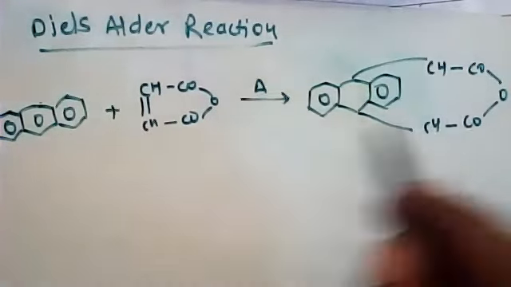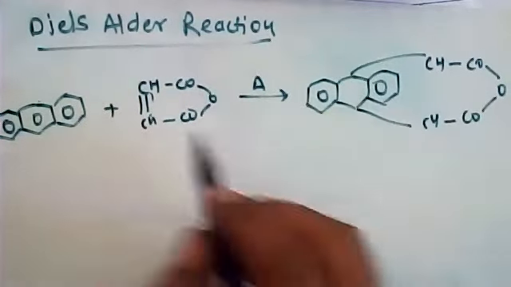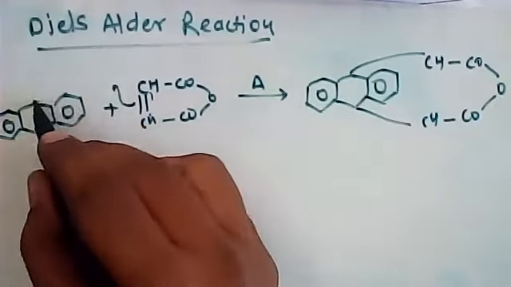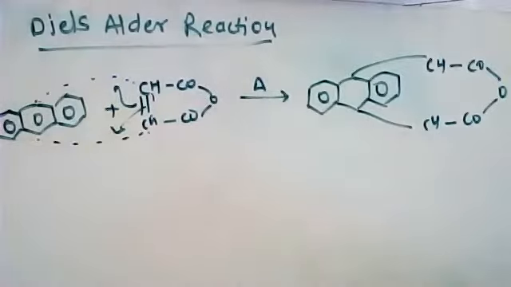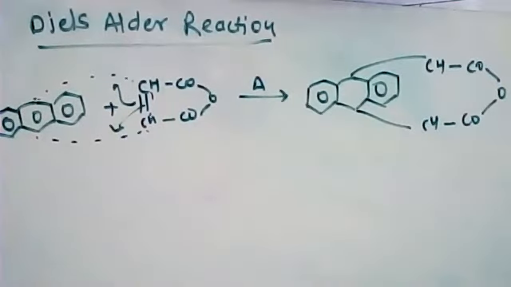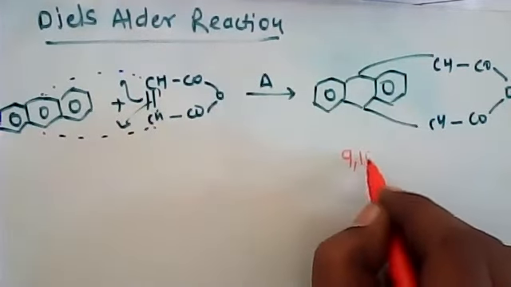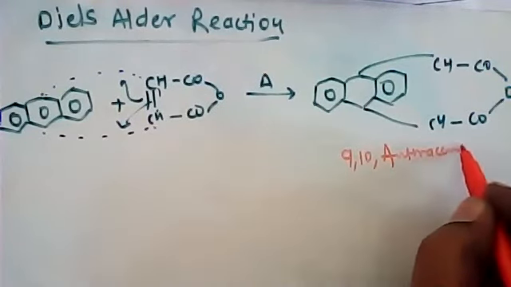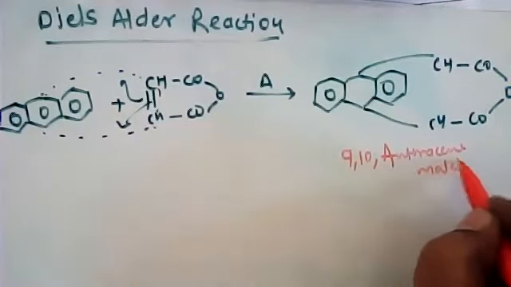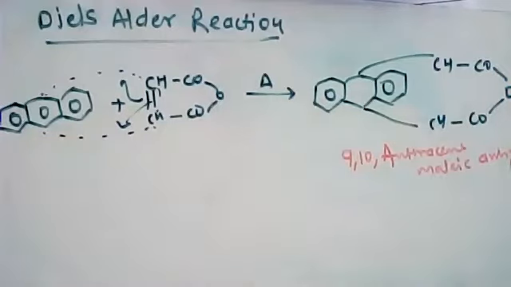Whatever bonds are in between get shifted to this. One bond with this, another bond with this, at 9 and 10. All of this is the product. What is the name? 9,10 anthracene maleic anhydride.